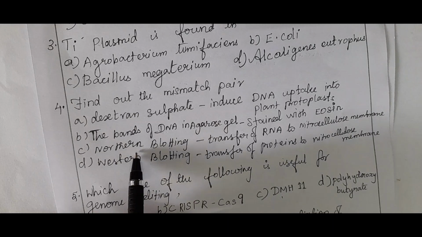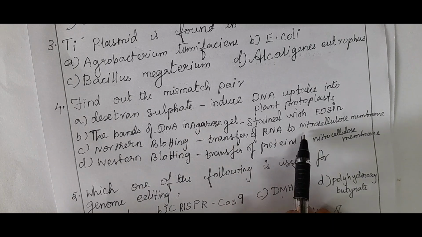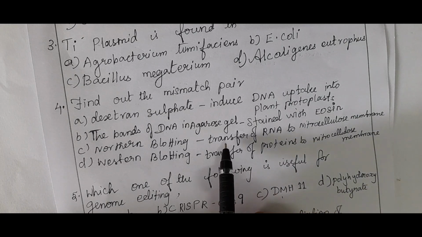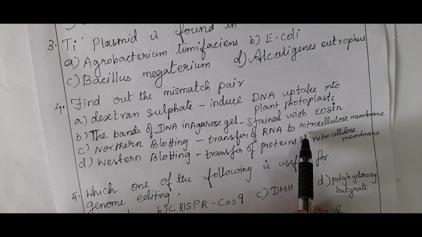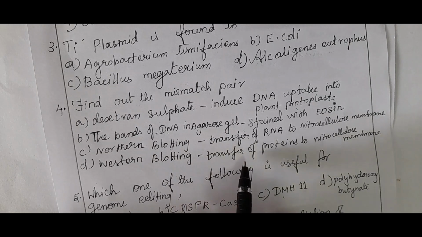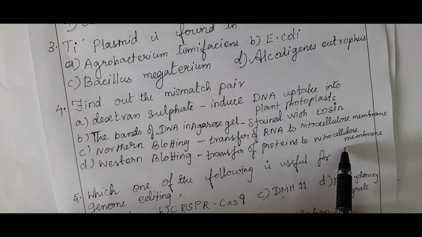Third option, northern blotting, that is transfer of RNA to nitrocellulose membrane, is correct only. Here we are transferring the RNA to nitrocellulose membrane. Western blotting, transfer of proteins to nitrocellulose membrane. This is also correct only.